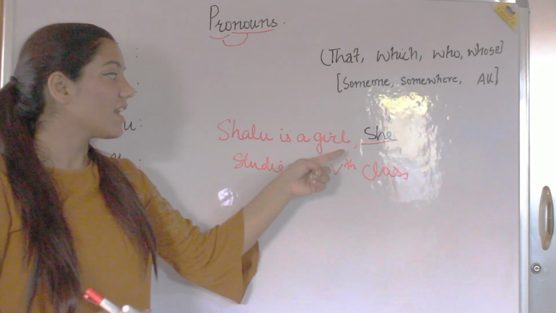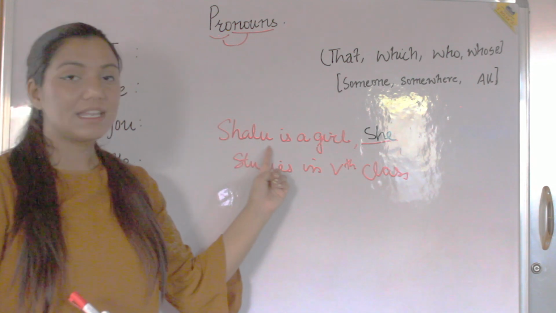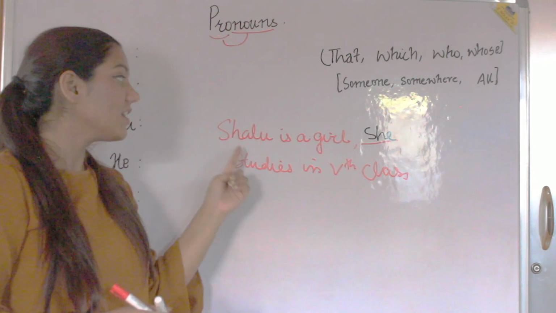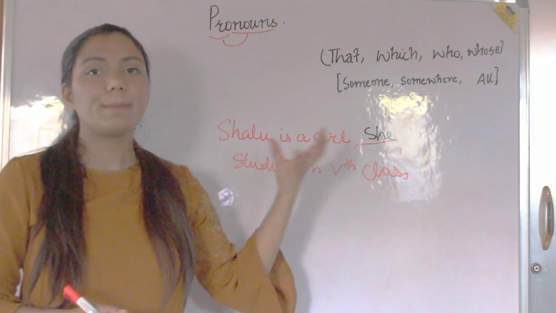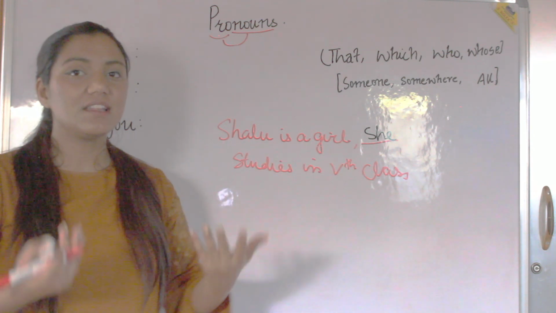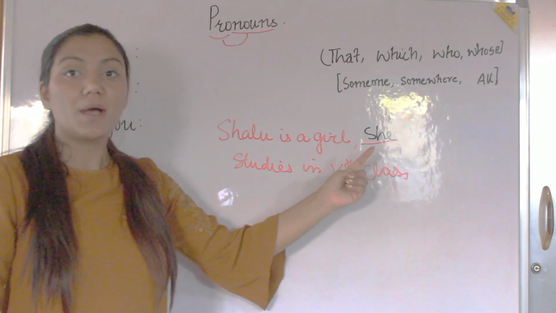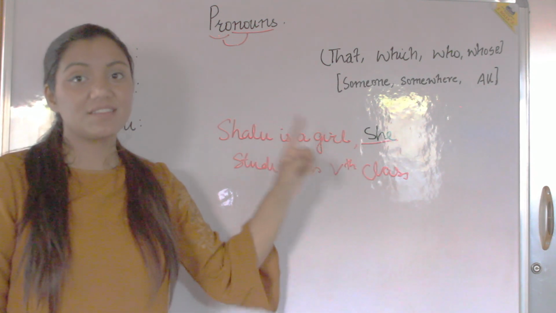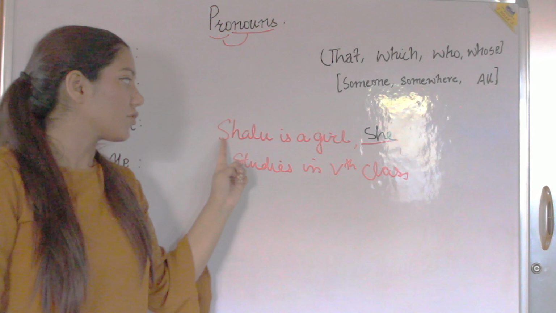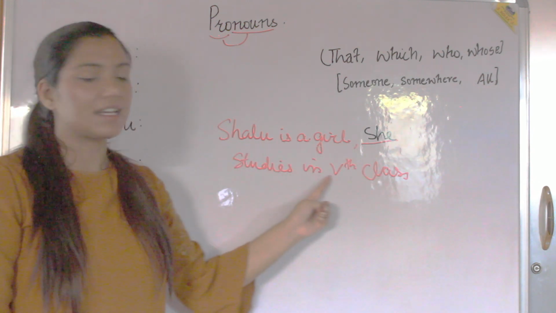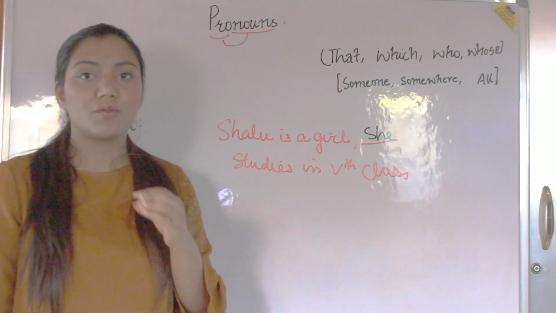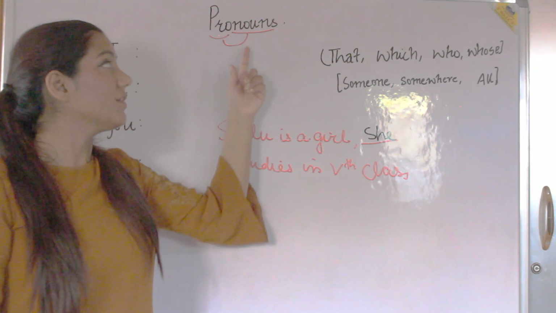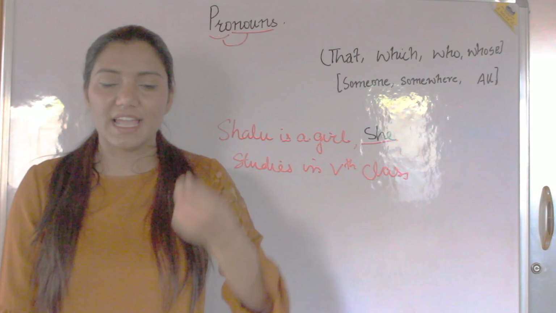Why? Because instead of using the same name Shalu again and again, we make it simpler and easier to speak by using this pronoun, okay? And that is grammatically correct as well. So Shalu is a girl, she studies in 5th class, she lives in Belgium. So we have to use pronouns if a noun is repeated again and again.